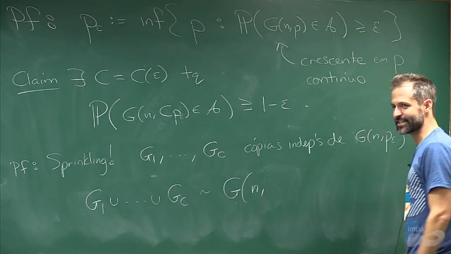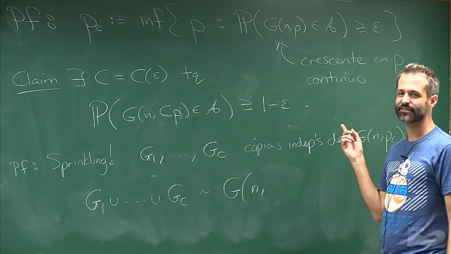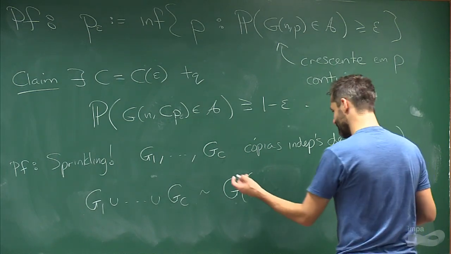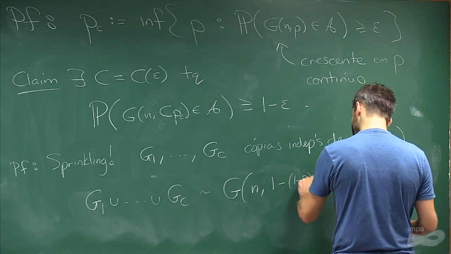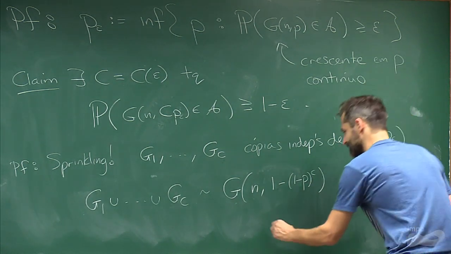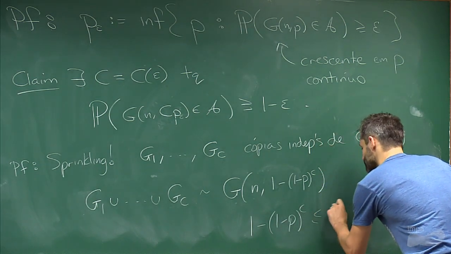Exactly. What's the probability of an edge here? All the edges are independent. It's just the probability you included at least one of these, which is 1 minus the probability you weren't included in any of them, which is that. Right? But 1 minus p to the c is at most c times p.